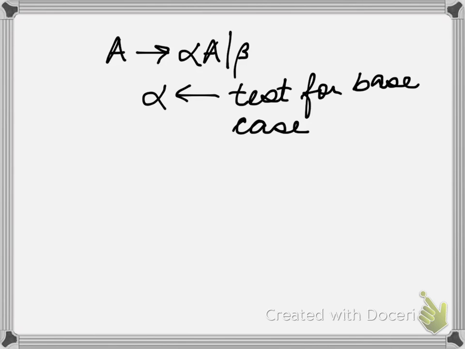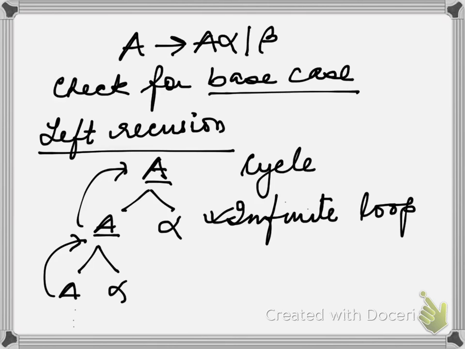When you test for the base case in alpha, if the base case is reached, then you don't need to go to the recursive case. So there is an option that you may terminate from the cycle. That is why in case of right recursion, the problem of infinite loop does not occur. The issue is only with left recursion.